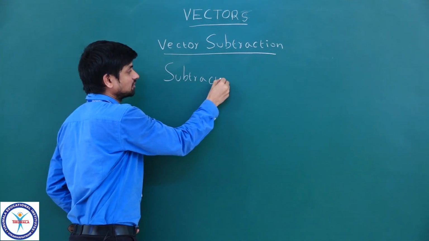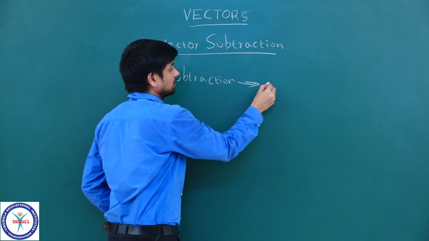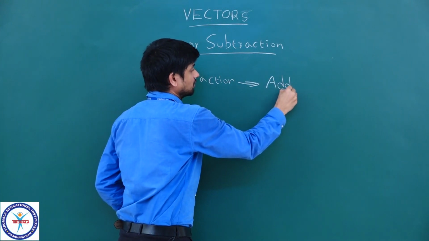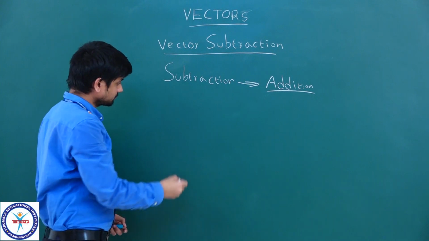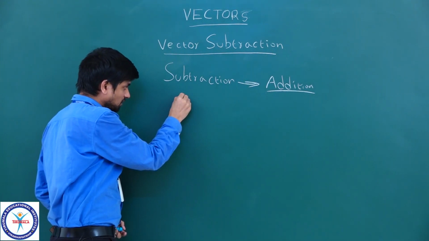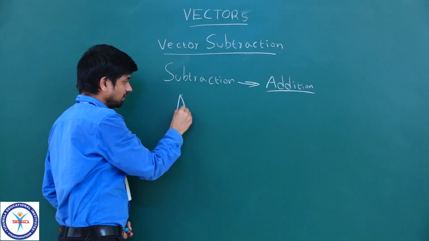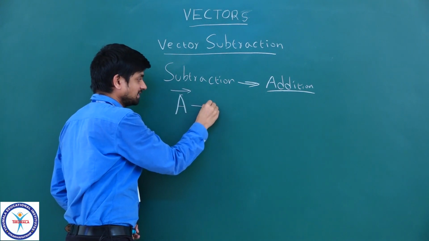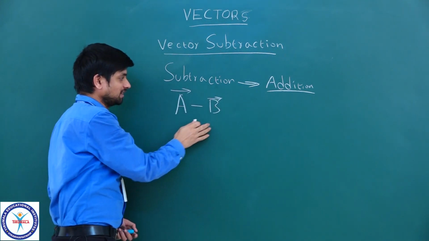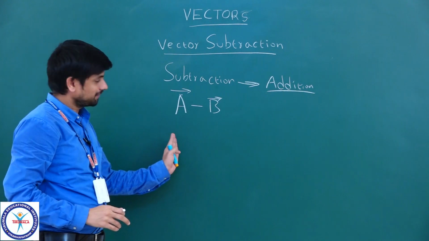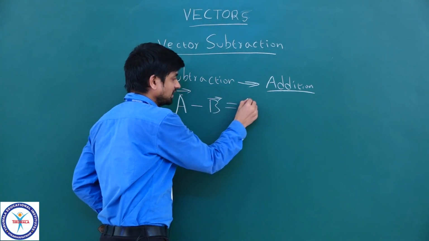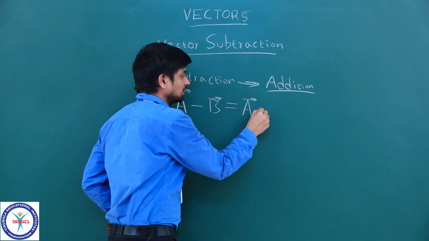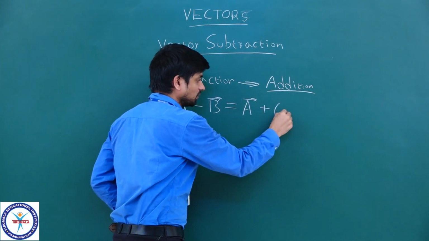How is that possible? Look at this subtraction of two vectors, a bar minus b bar. Subtraction can be written as addition in this way. You can see the operation addition will be involved here.